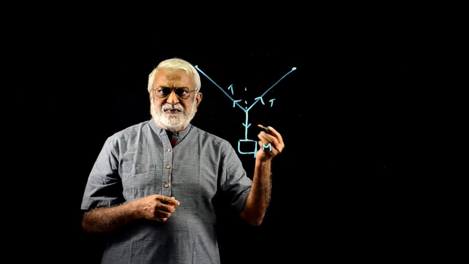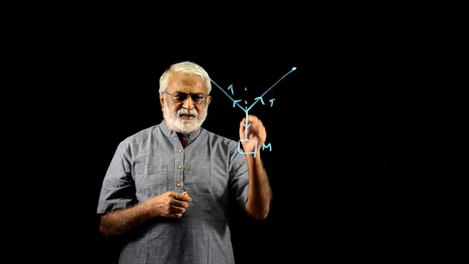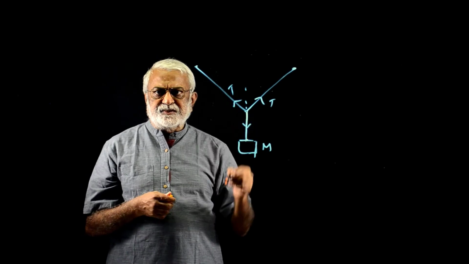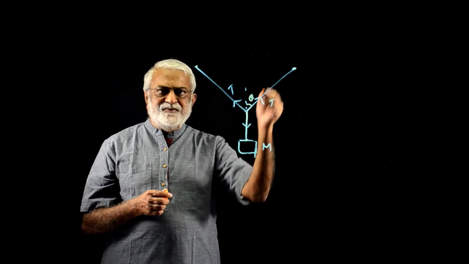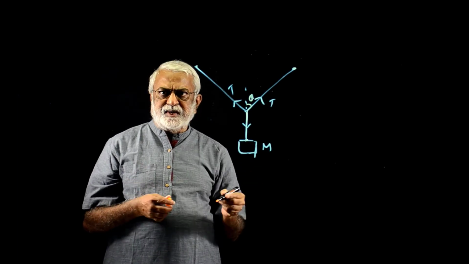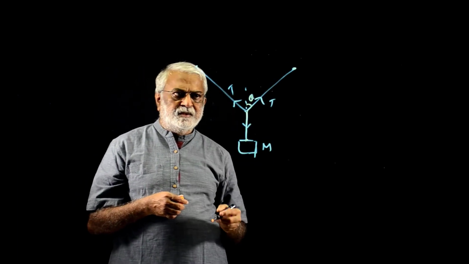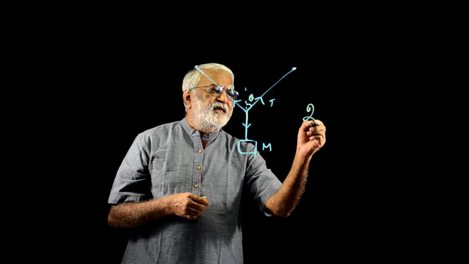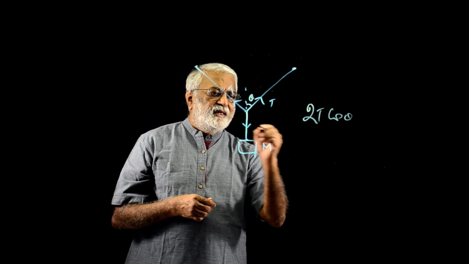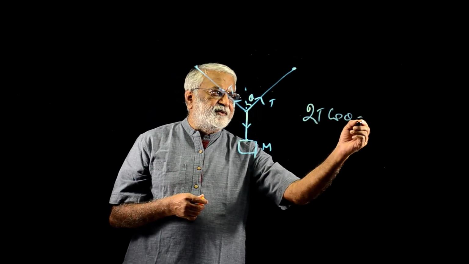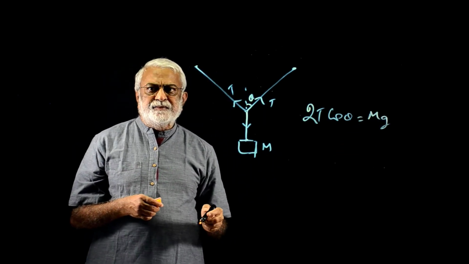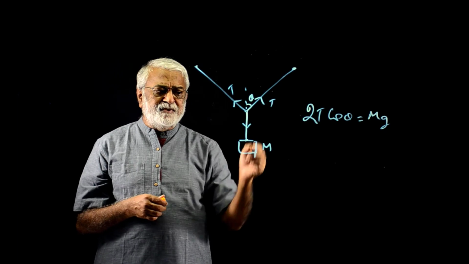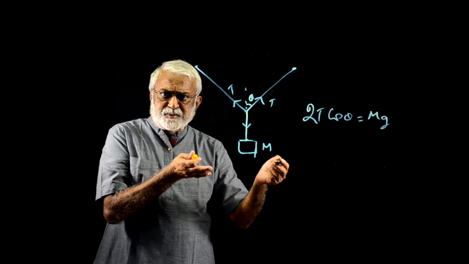The rope exerts that force, so there's a tension of mg in this. We can ignore the mass of the rope here if the weight we are hanging is very, very large compared to the mass of the rope. Then 2T cos theta equals this tension, which is equal to mg. Simple enough. We can ignore the mass of the rope in case there is a large mass hanging there.